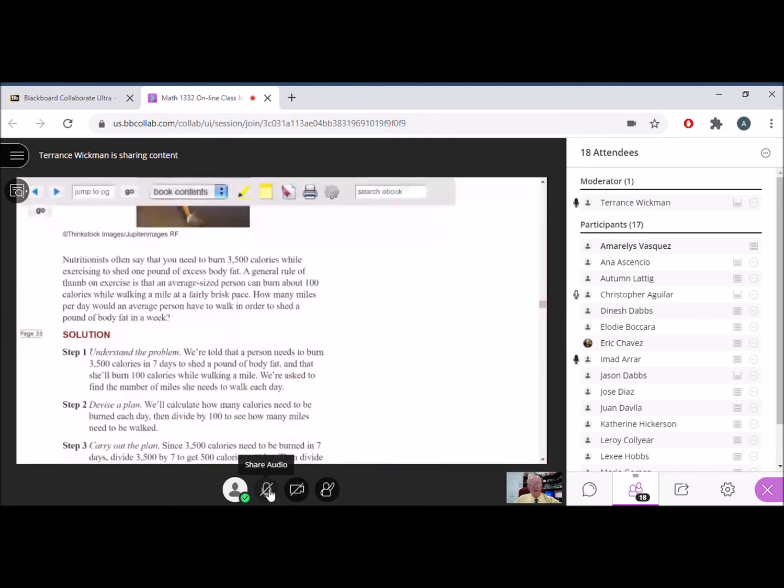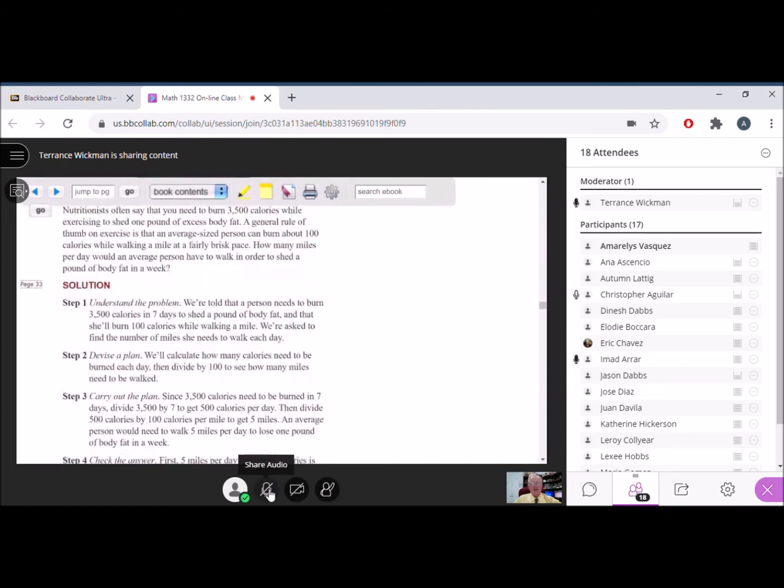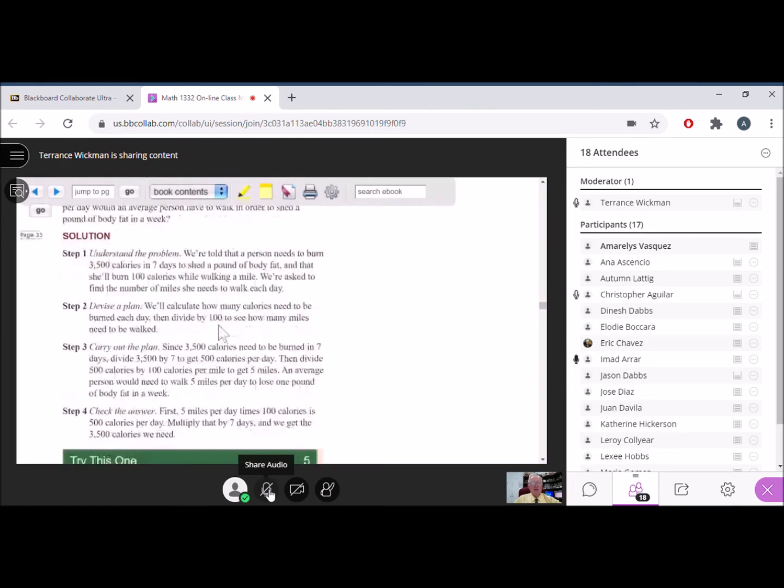Now, on the other hand, another way to do it is to do a little bit of walking and eat a little bit less, and don't eat sugar. Synthetic sugars.